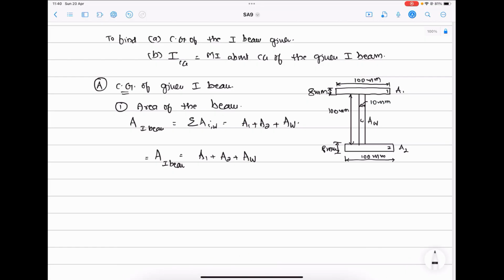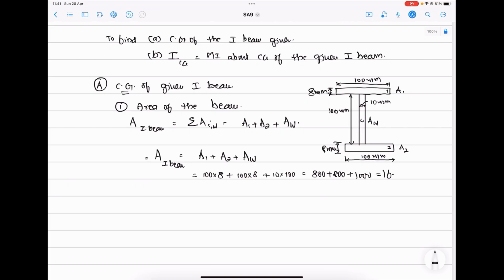Now what will be the total area? The area of a rectangle is width into thickness. For A1, width is 100, thickness is 8. For A2, width is 100, thickness is 8. For AW, width is 10, height is 100. That is equal to 800 plus 800 plus 1000.